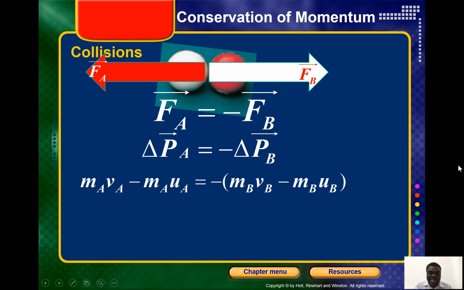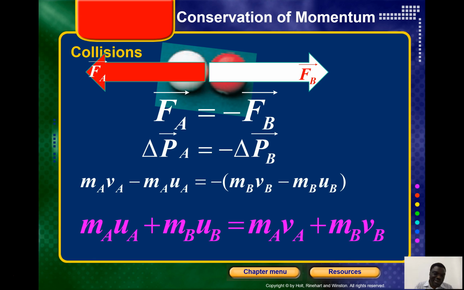This equation, we can rearrange to have mass of A times initial velocity of A plus mass of B times initial velocity of B equals mass of A times final velocity of A plus mass of B times final velocity of B. Now, look at it carefully. The mass of A times the initial velocity of A plus the mass of B times the initial velocity of B is the total momentum of A and B before the collision, right?